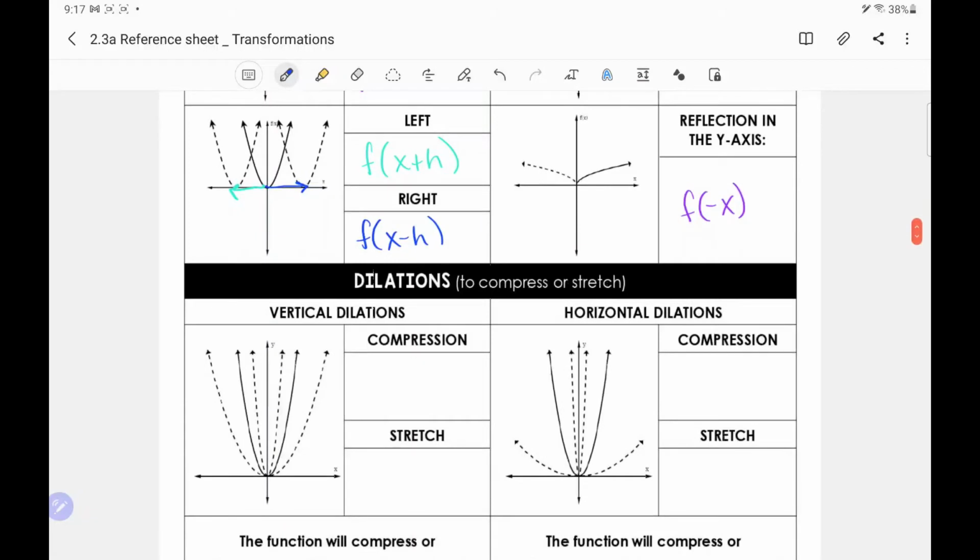Now we can also look at dilations. Now remember, these would be the non-rigid transformations, because they're actually changing the shape of the graph. So vertical dilations, a compression.